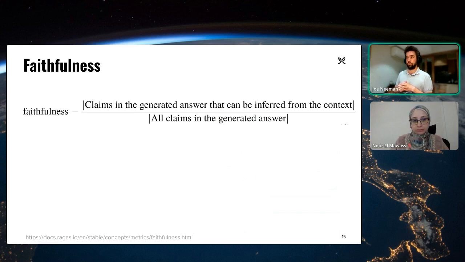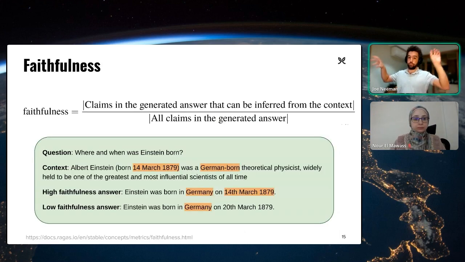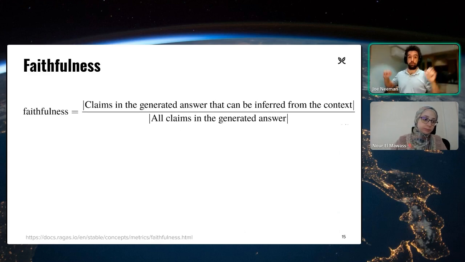Answer relevancy, which compares the answer to the original query, ignoring the context, and asks whether it answers what was actually asked. Noise sensitivity measures the extent to which you can avoid getting distracted by fluff in the context that you don't care about.